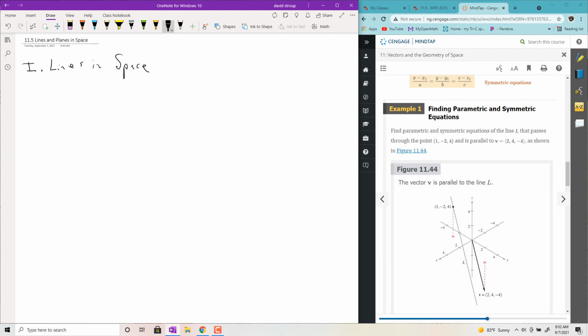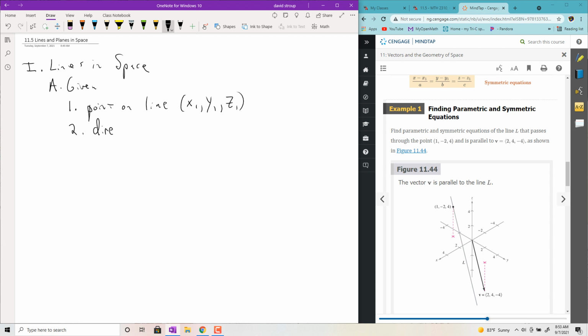So creating the equation of a line, basically, we're going to be given some information. A point on a line, we'll call that x1, y1, z1, and then some sort of direction.